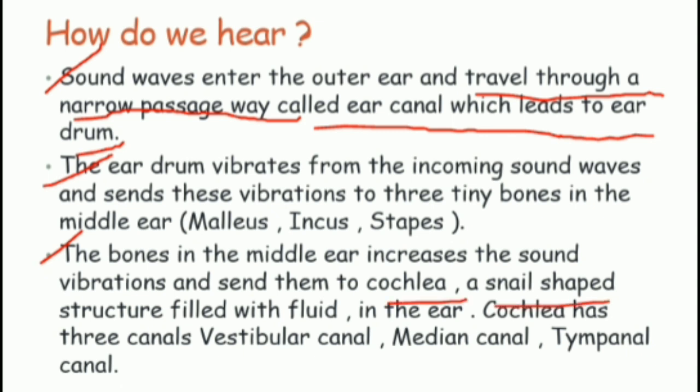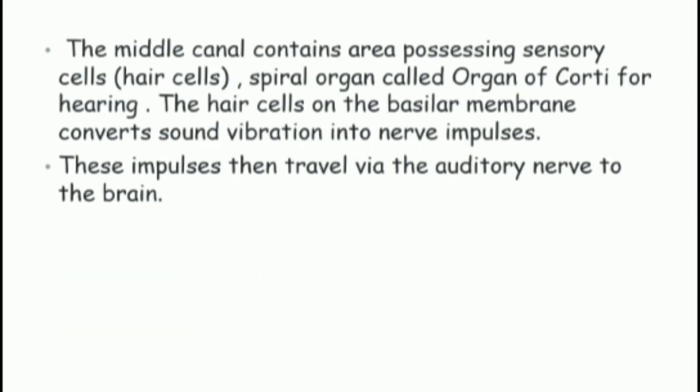Cochlea, a snail-shaped structure filled with fluid in the ear. Now the cochlea has three canals: vestibular canal, median canal, and tympanal canal. Wait, let me show you. Suppose this is the cochlea, snail shaped.